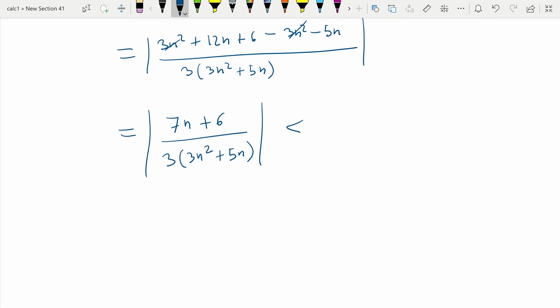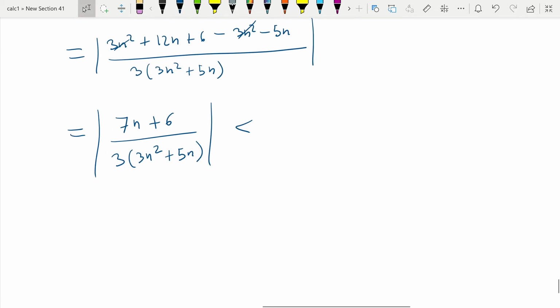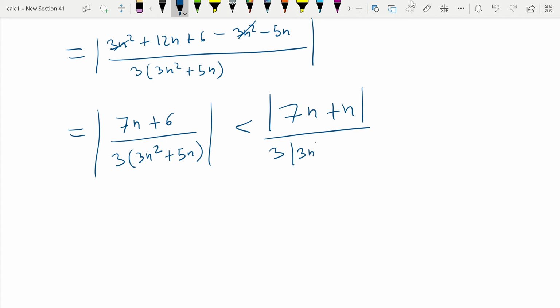And so we're going to keep track of every assumption that we make along the way. For instance, 6 is a fixed number, so after a certain point this is going to be less than n, particularly when n is greater than 6. And so this is going to be less than 7n plus n. I'm just writing everything down, just to keep track. All of that divided by 3, well, we can take the 3 outside of the absolute value.